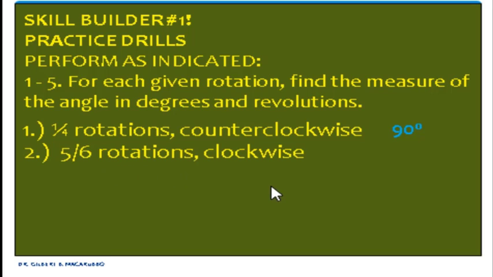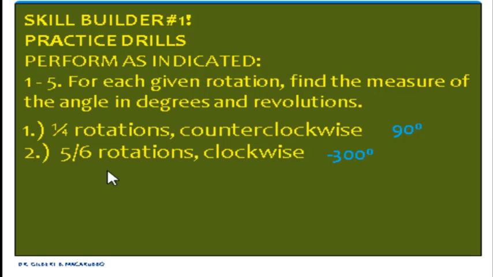5/6 rotations clockwise is a negative angle since it is a clockwise direction. 5/6 times negative 360 degrees is simply equal to negative 300 degrees.